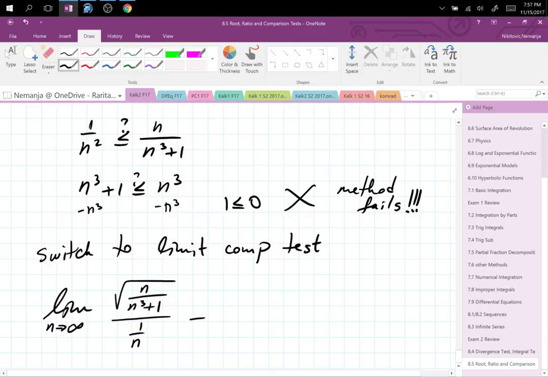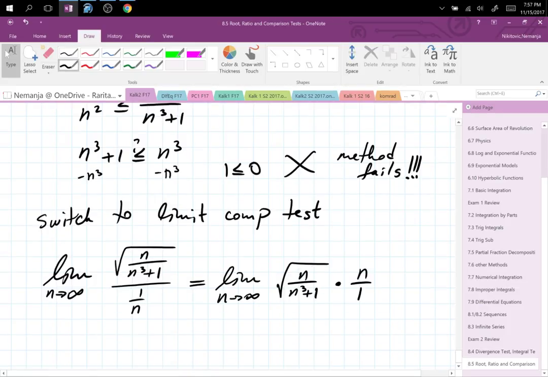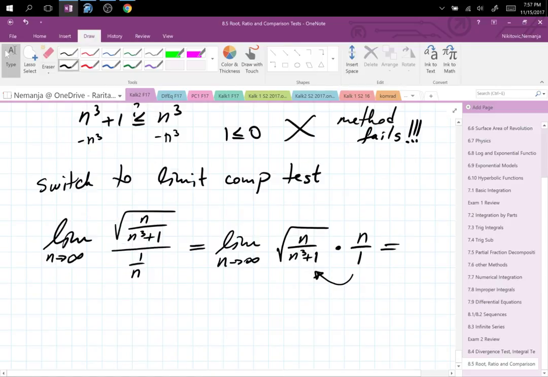All right, ready for some advanced algebra in your life? Square root of n over n cubed plus 1 times n over 1. Now we shove this inside the square root, and what does it do? It picks up a square.